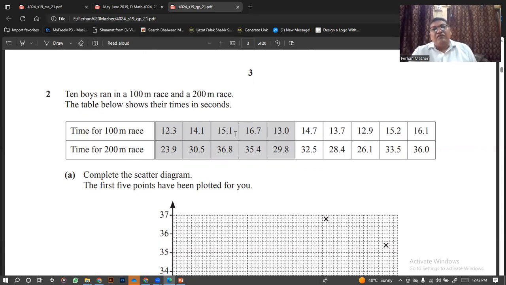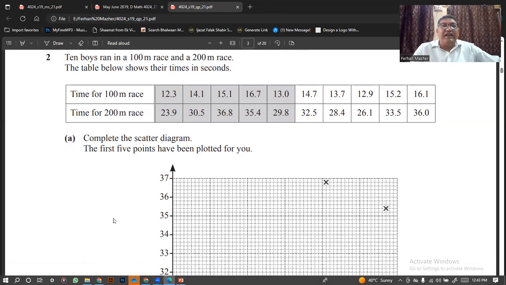This person took 15.1 seconds in 100 meter, 36.8 in 200 meters, 16.7 in 100 meter, 35.4 in 200 meter, 13.0 in 100 meter, 29.8 in 200 meter race. So 14.7, 32.5, 13.7, 28.4, 12.9, 26.1, and 15.2, 33.5, 16.1, 36.0.